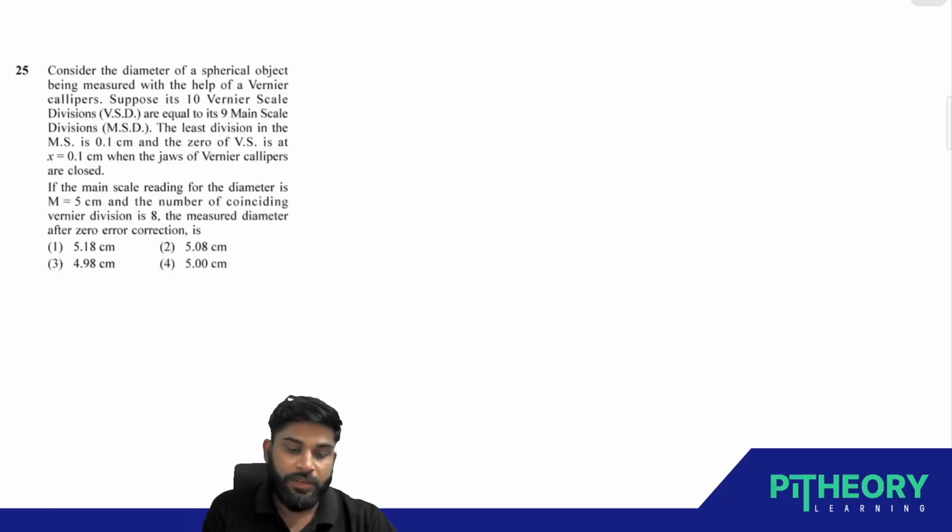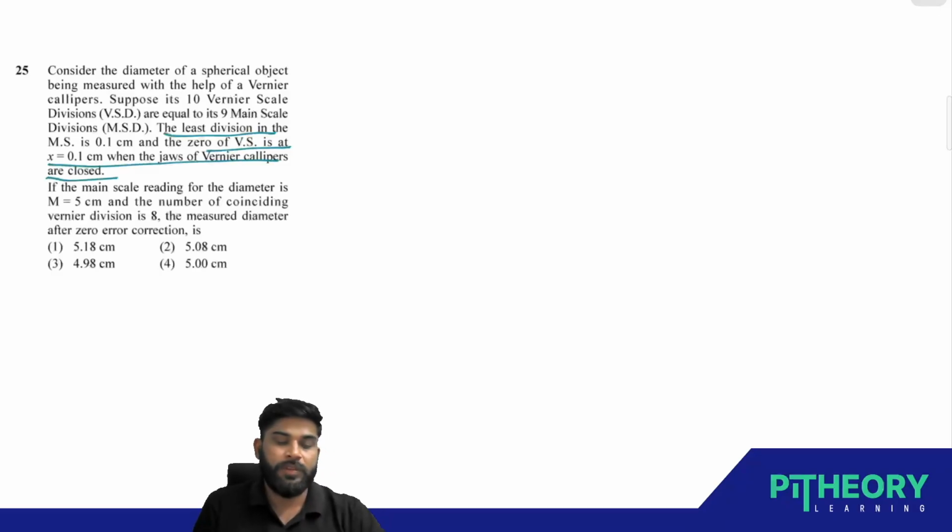So first thing to note, very importantly, there is a correction coming here, because the least division in main scale is this, and zero of vernier is at this when the jaws of the vernier calipers are closed. That means there is a correction coming. It's a positive error that will be coming here.